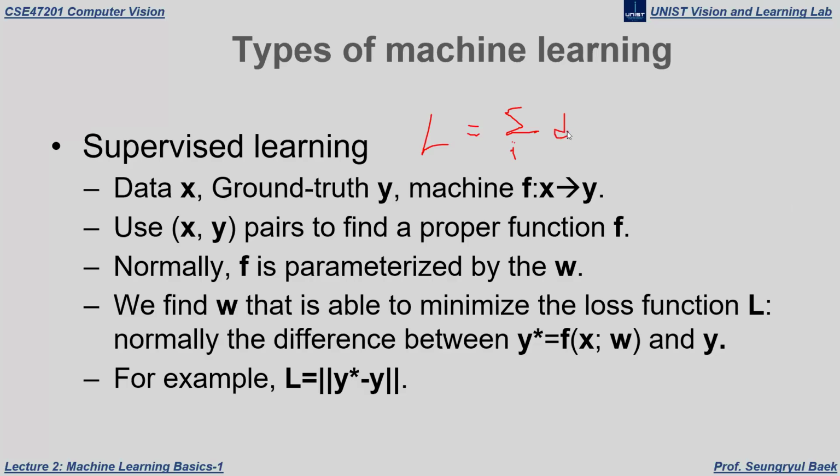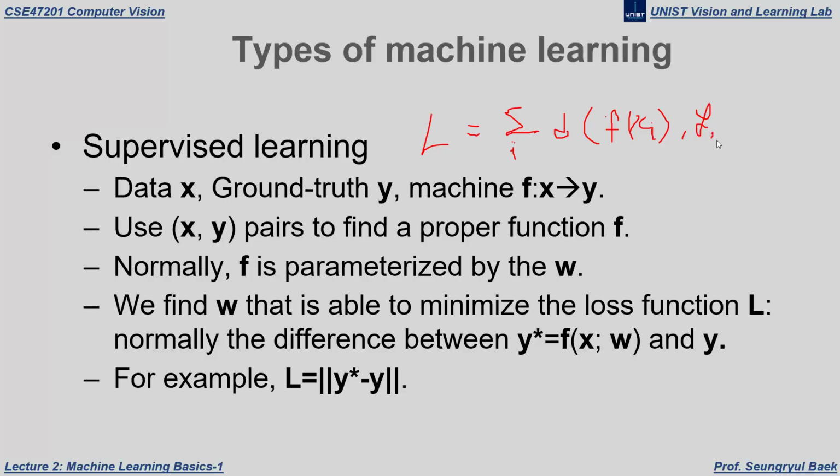The distance between f of x_i, the sample's output, with their ground truth.